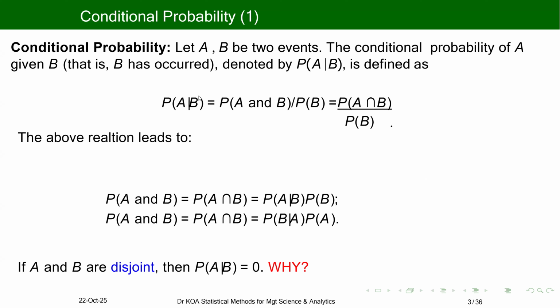The conditional probability is the probability of A happening given that B has already happened.